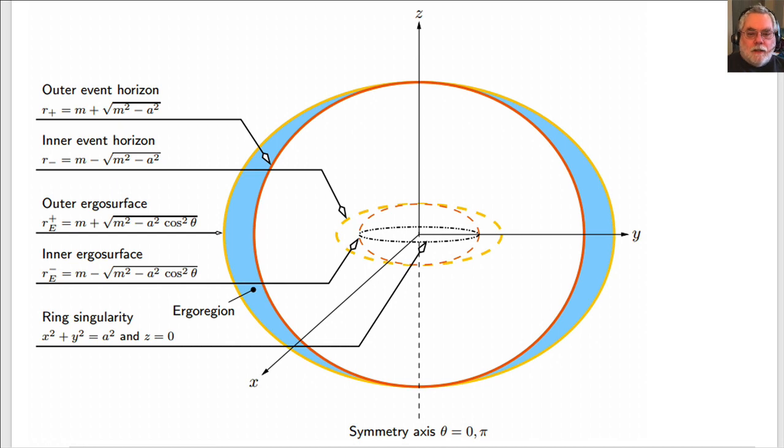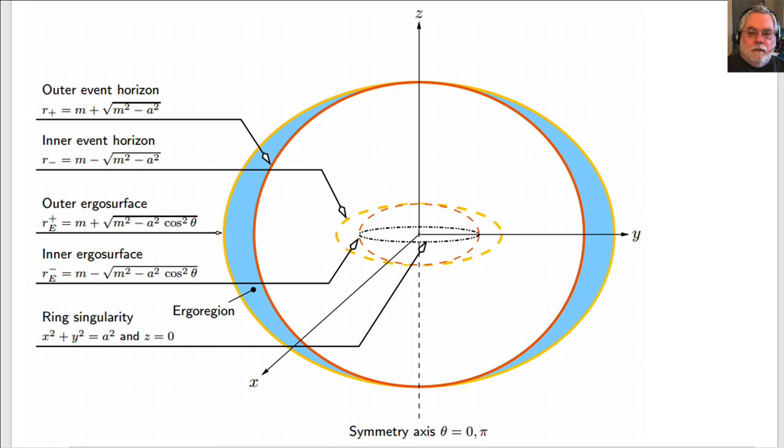This is a vertical cross-section in the y-z plane, except that the singularity ring, this black dotted ring, is being shown in the x-y plane. So, the diagram's a little complicated.